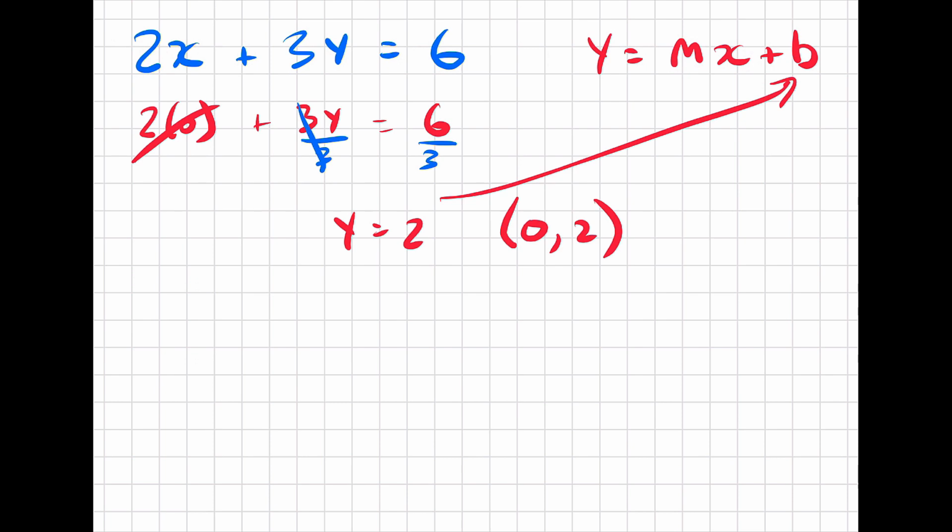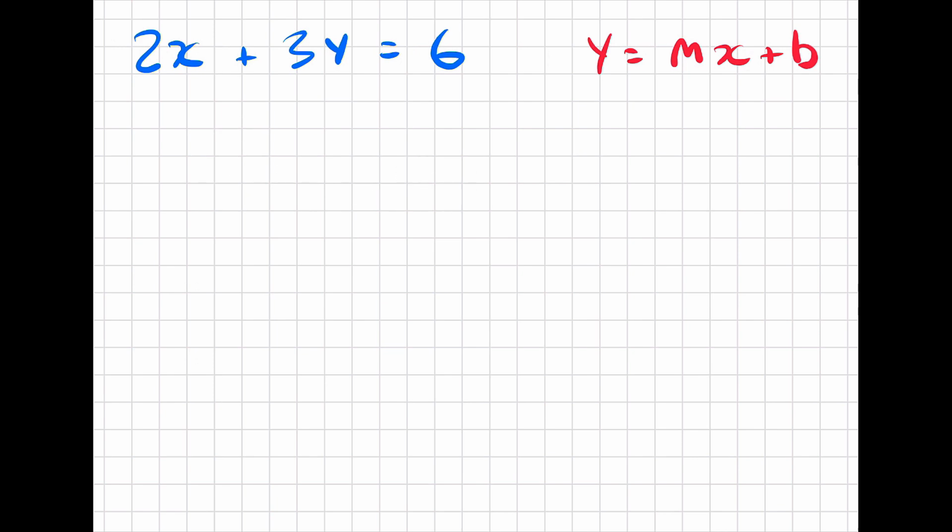Now, it's actually asking us to put it into that form, so let's do that. Okay, so what did I say I want to do? Y is going to stay there, everything else needs to go. So I'm going to subtract 2x from both sides. On the left, they're going to cancel out, and I have 3y equals, now I've got a 6 and a negative 2x over there, so I might as well put it into this form right here with the mx first, followed by my b.